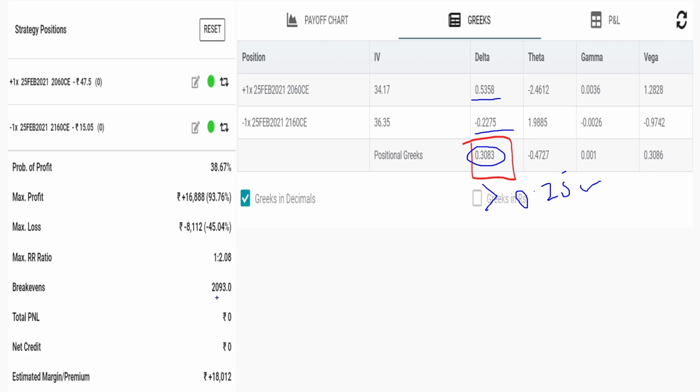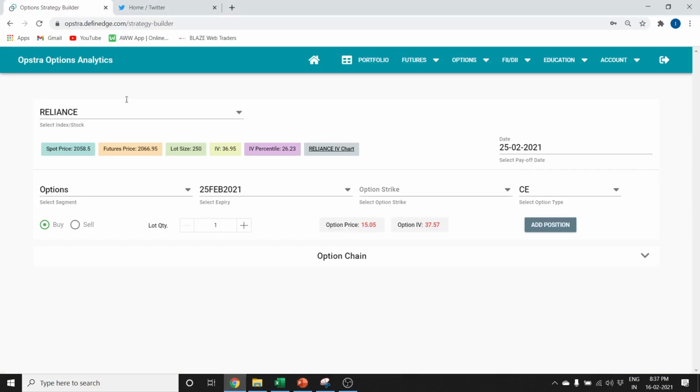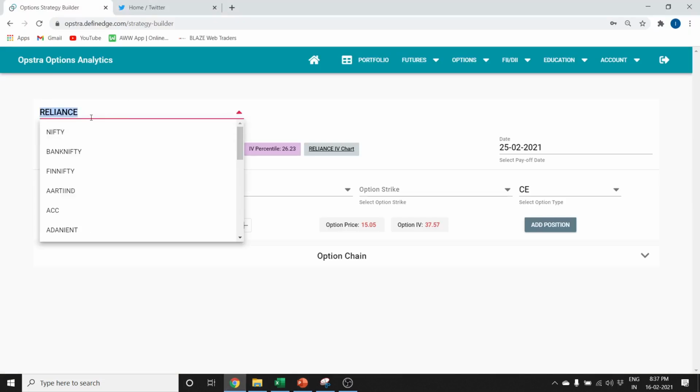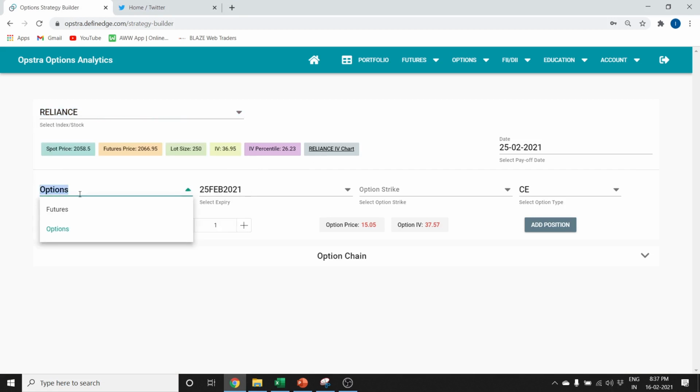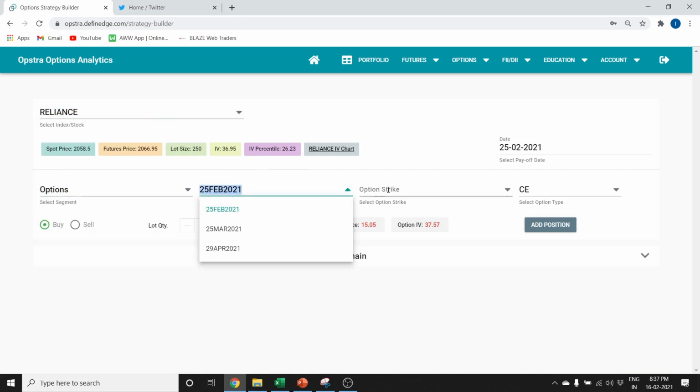Now I'll show you a live example of how we put this trade and how to put it in Opstra. I'll select the stock Reliance, options, 25th Feb future.